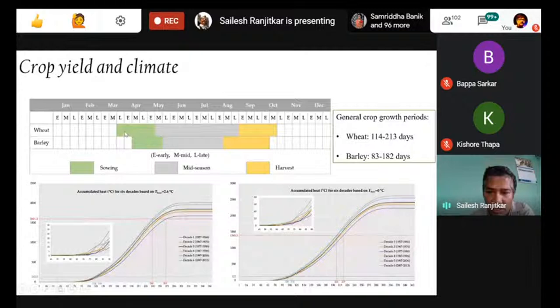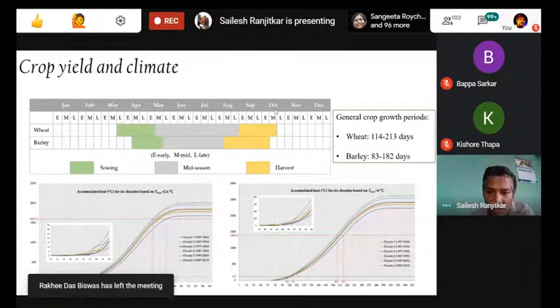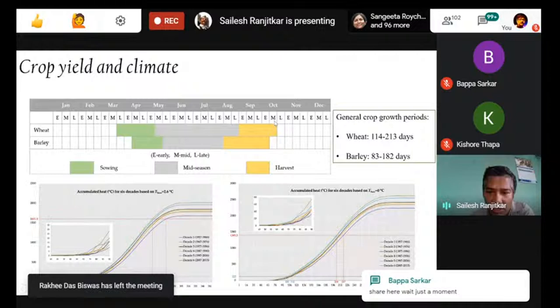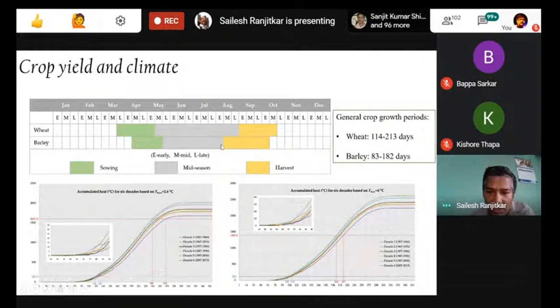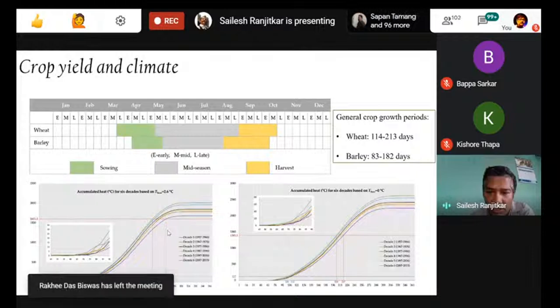It shows that wheat is already started from late March and kept until harvest in middle October. Barley is quite shorter than wheat, taking around 114 to 213 days in the field, and this growing degree day chart also shows that right now the season is getting shorter and earlier.